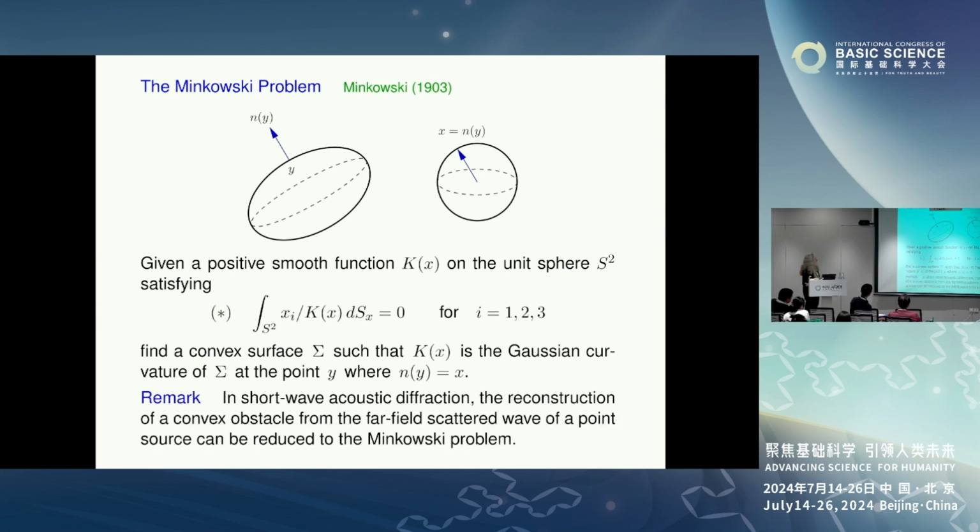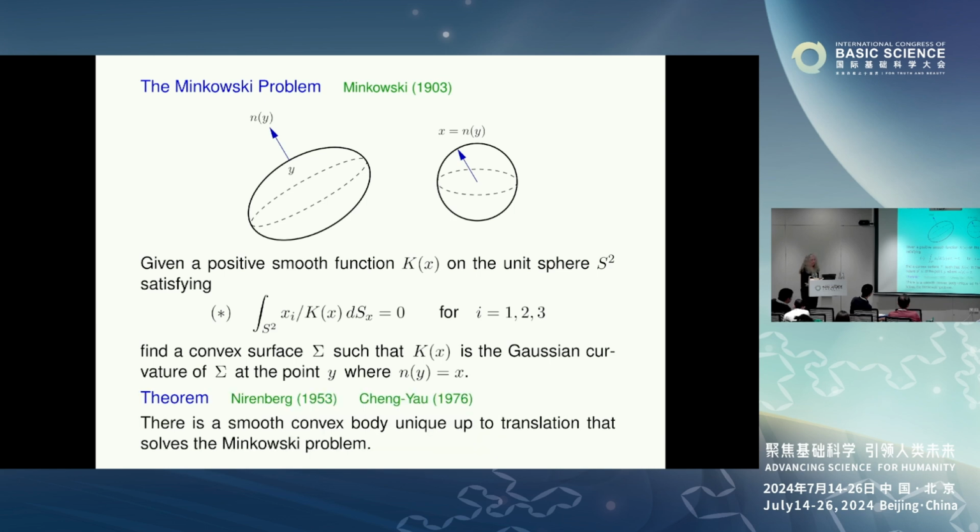In shortwave acoustic diffraction, the reconstruction of a convex obstacle from the far field scattered wave of a point source can be reduced to the Minkowski problem. Nirenberg proved that there's a smooth convex body, unique up to translation, that solves the Minkowski problem. And this was extended to arbitrary dimensions by Cheng and Yau.